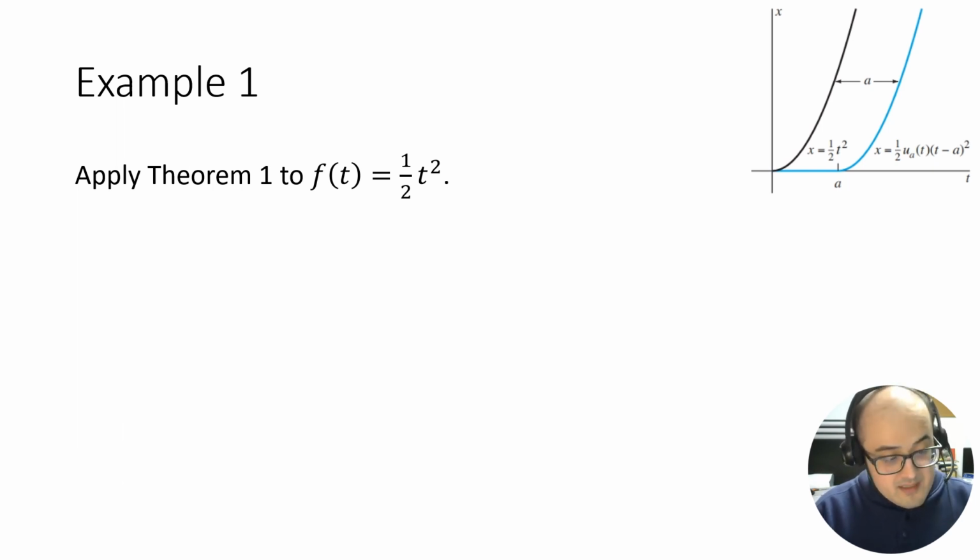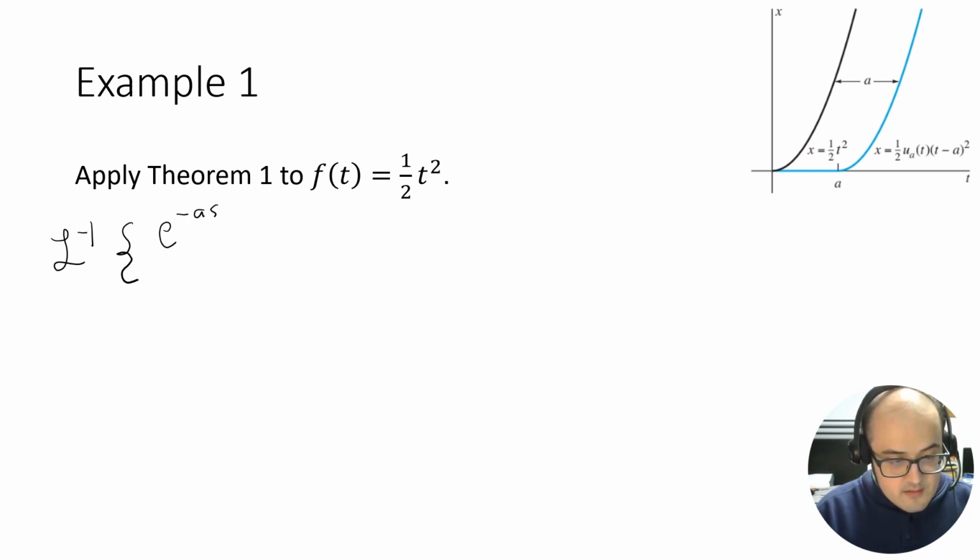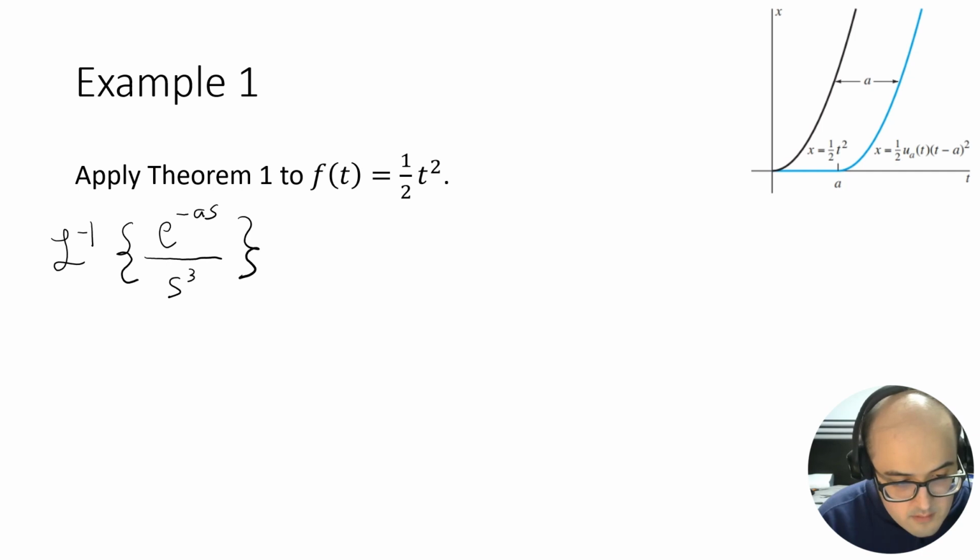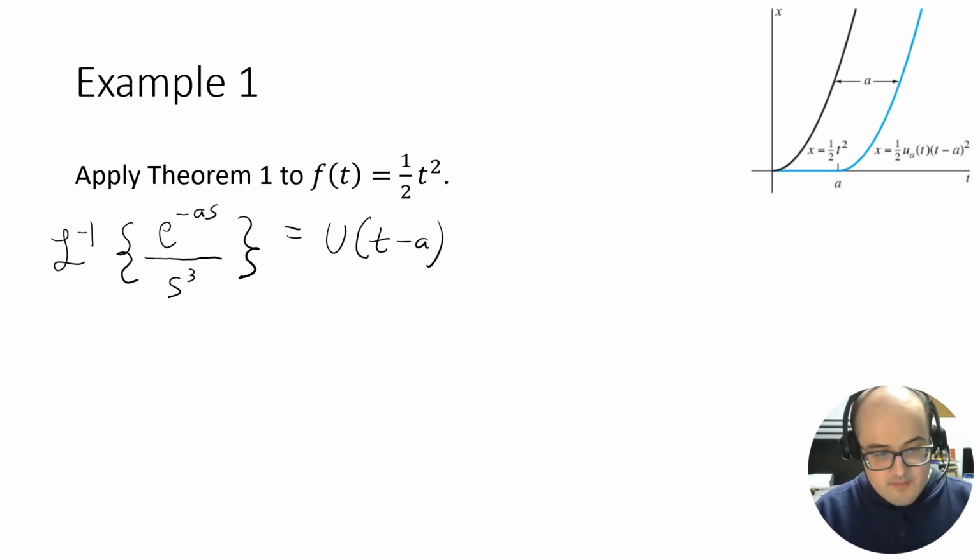Based on theorem 1, the inverse Laplace transform of e to the negative as divided by s cubed would be u of t minus a times 1/2 times t minus a squared.